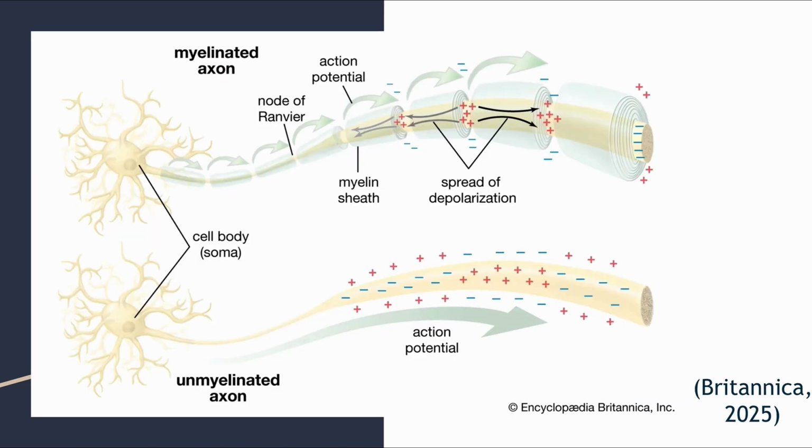This is a model showing how the electrical action potential moves along axons. These are two different types of neurons: unmyelinated, and this one is myelinated. Myelinated means that the axon of the neuron is wrapped in myelin sheaths, which act like an insulator.